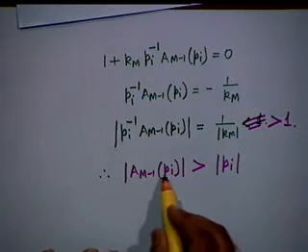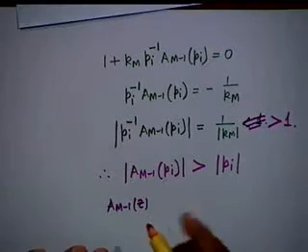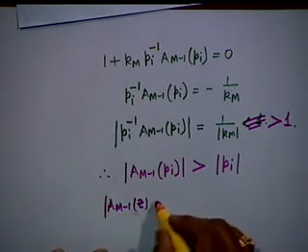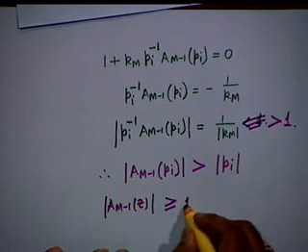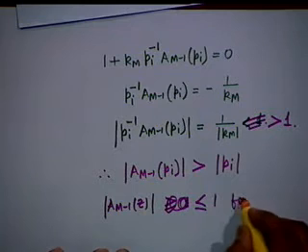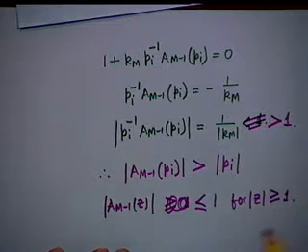Now, A_{M-1}(z) is a stable function. Agreed? So, A_{M-1}(z), this is the crucial point of the proof. I want your full attention. If this is stable, then the magnitude of A_{M-1}(z) is less than or equal to 1 for mod z greater than or equal to 1.